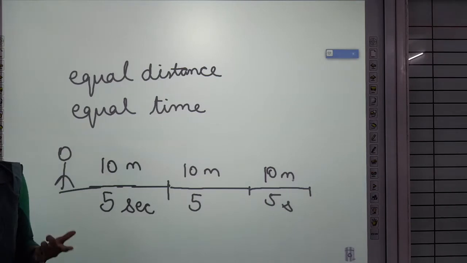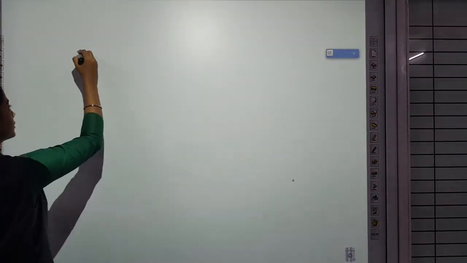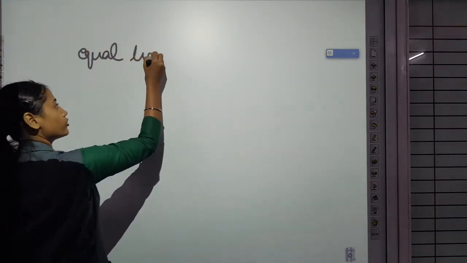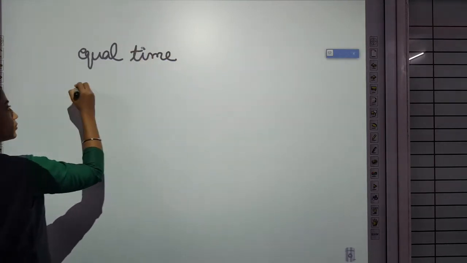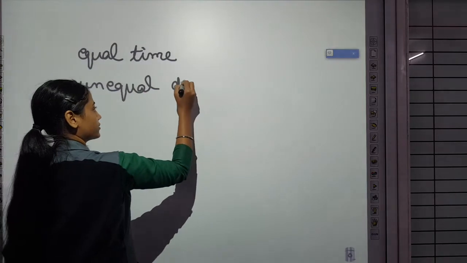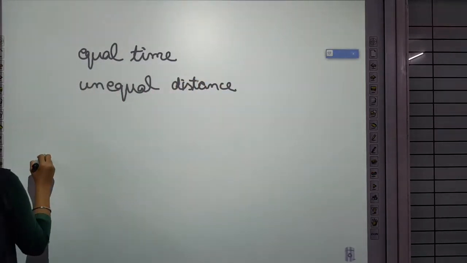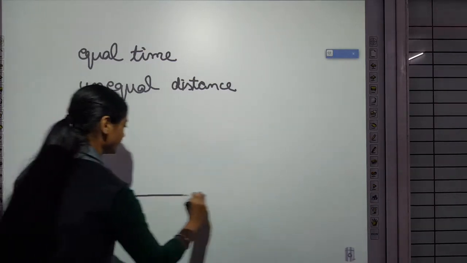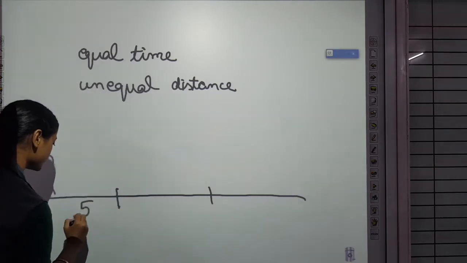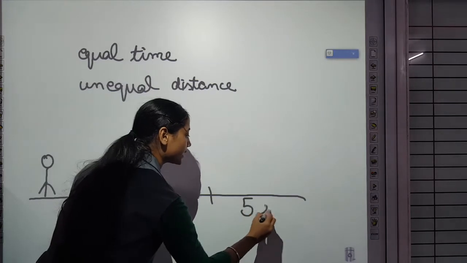But in case of non-uniform motion, this is exactly opposite. In equal intervals of time, the body covers unequal distances. We will take the motion of the same man. The time duration is the same, 5 seconds. What is s? The SI unit of time, second.